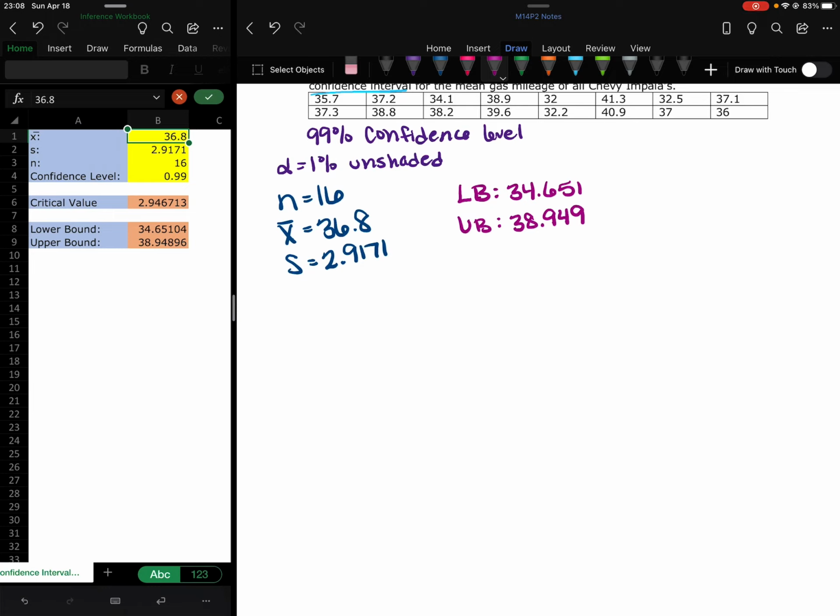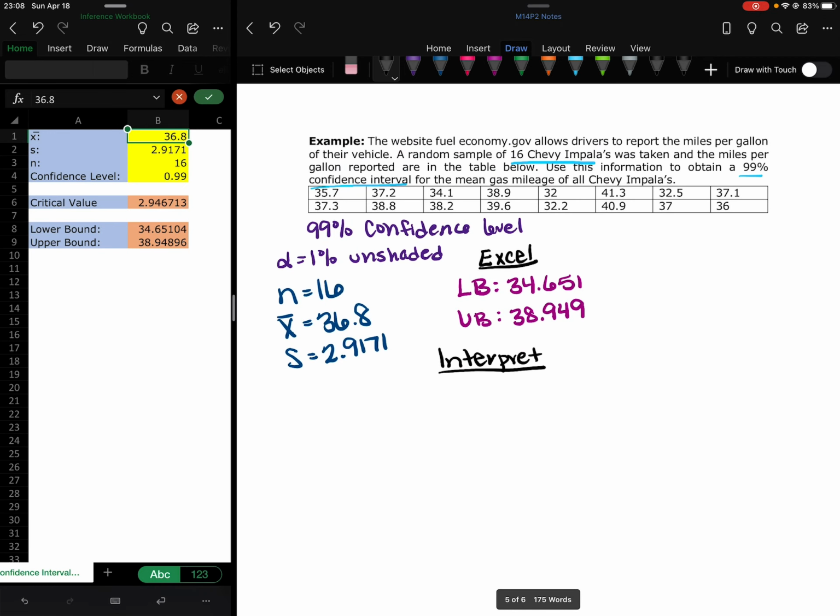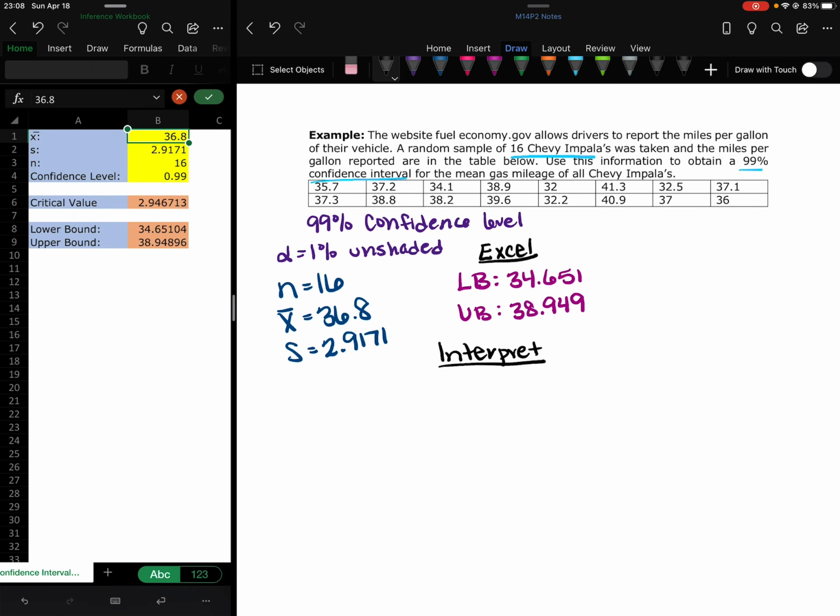And then do your interpretation. So you get this from Excel, and then you interpret it. And this is the same whether you're doing a problem with a mean or a proportion, and you're using Excel. Pull it from Excel, the lower bound and the upper bound, and interpret it.